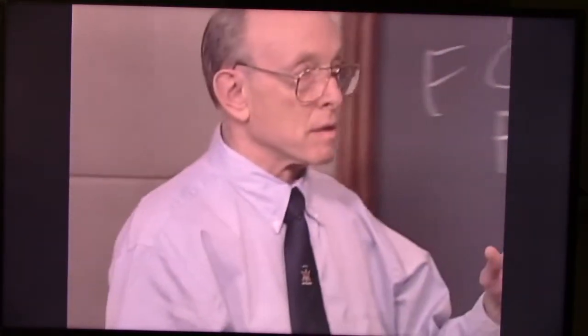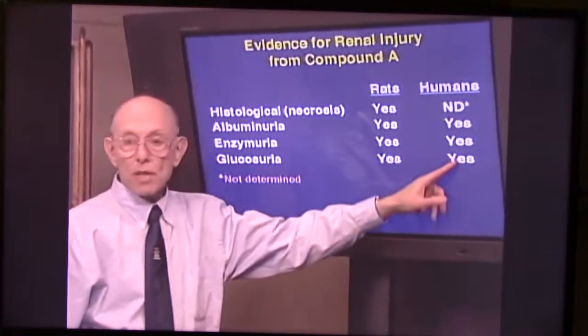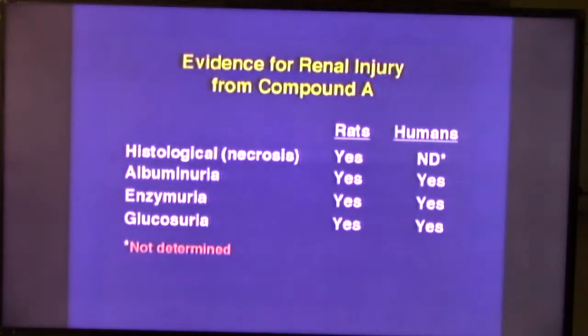You're not sure because it's never been studied. So no one can possibly know. And that's right. The people who argue that humans are not damaged say, look, there's never been evidence of necrosis. And these are kind of esoteric markers of injury. But it is interesting that there are these parallels.